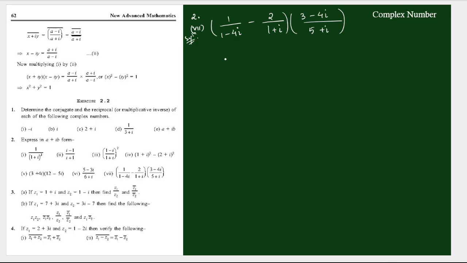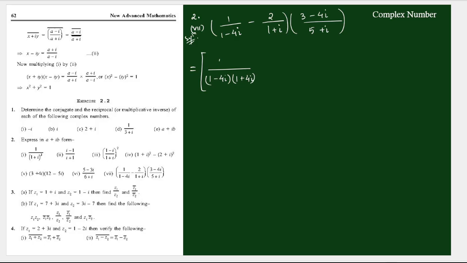So now how will we break this? Take the conjugate of this one and the conjugate of this one, and then the denominator. 1 minus 4i, the conjugate will be 1 plus 4i.